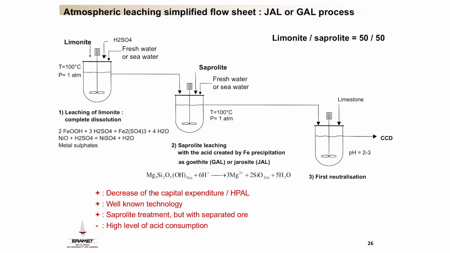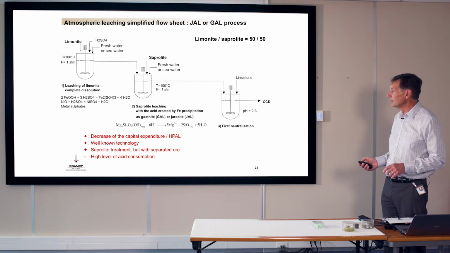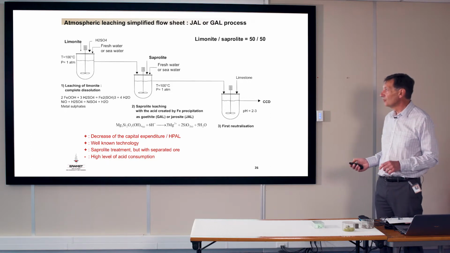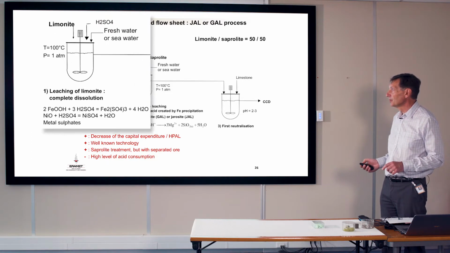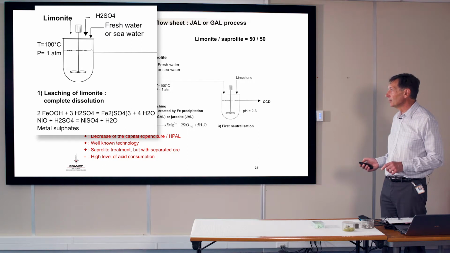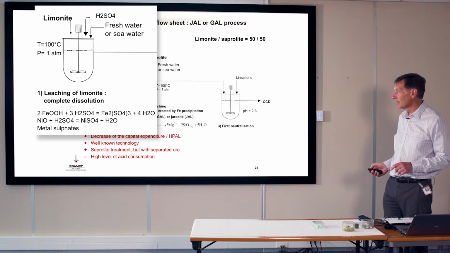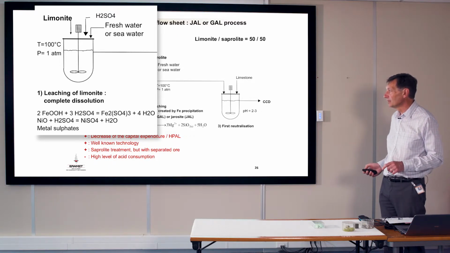The other type of process, atmospheric leaching, complete atmospheric leaching. This process was developed by BHP, and you see, it's divided in two parts. In the first part, at atmospheric pressure, you dissolve limonite with sulfuric acid and you put all the iron in solution as iron 3 sulfate.